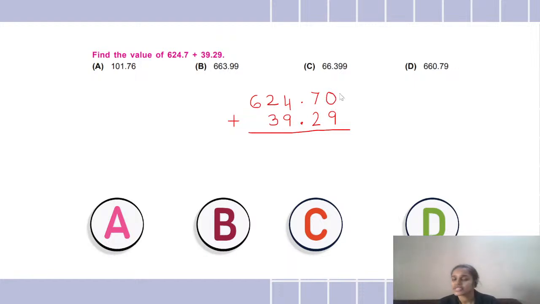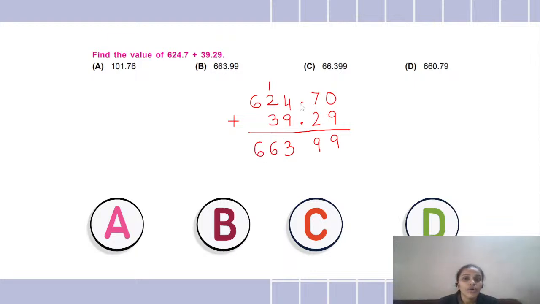I'll put a 0 there so that it's easy to add them together. Let's start adding. 0 plus 9, we get 9. 7 plus 2, we get 9. We'll come to the decimals later. 9 plus 4, we get 13. 3 plus 2 is 5, and 1 makes 6, and 6.